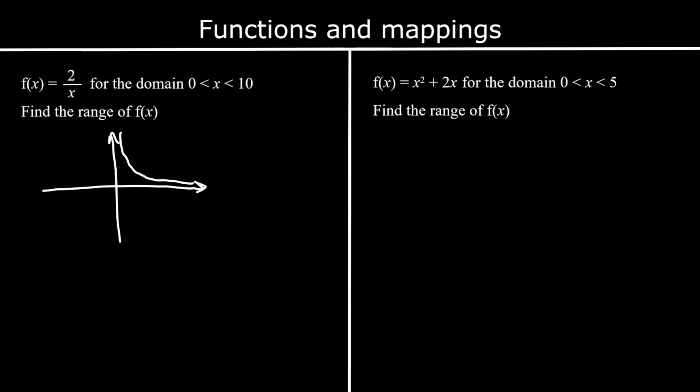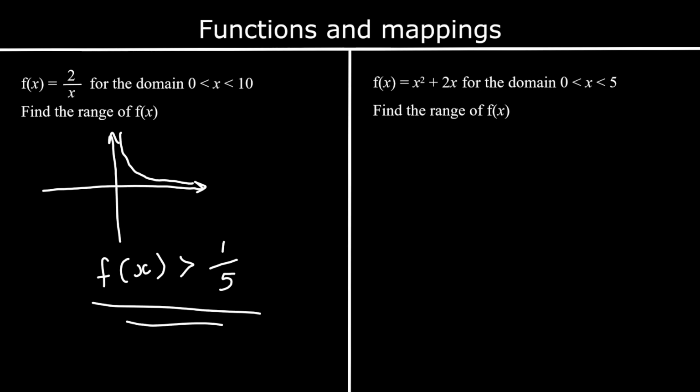If we put in a really small number, we can get anything really going up. There's no limit to what we can get going up, but it's going to have to be bigger than 2 over 10, which is 1/5. So f(x) is going to have to be bigger than 1/5.